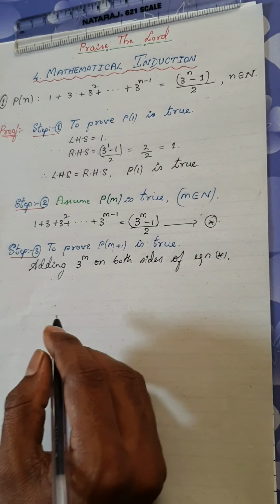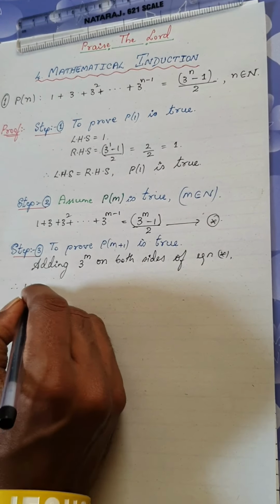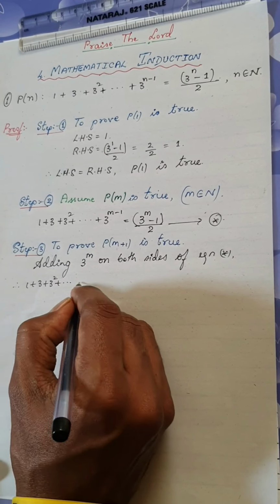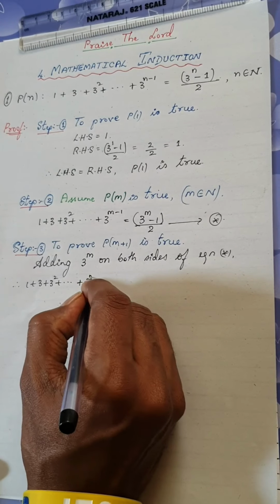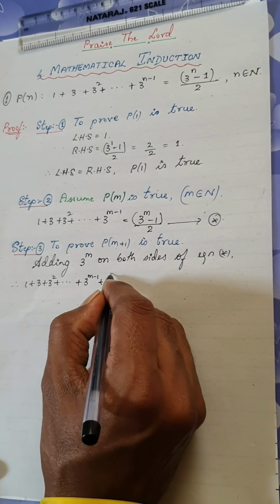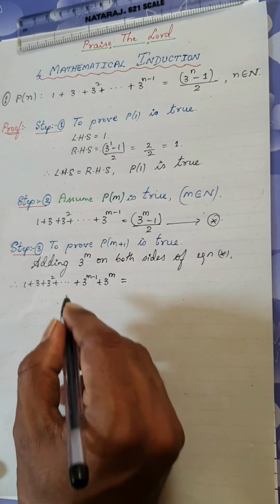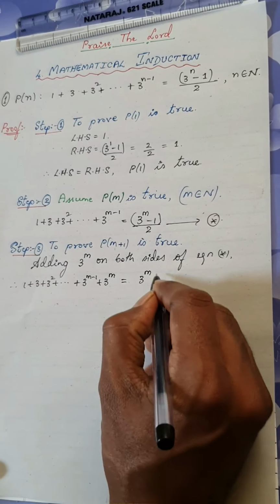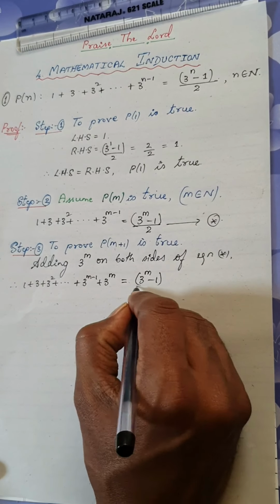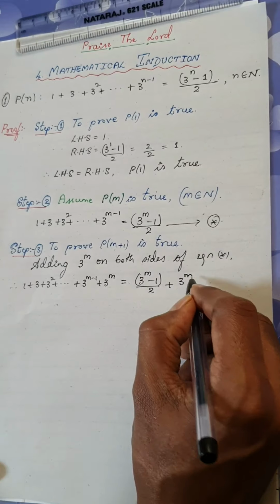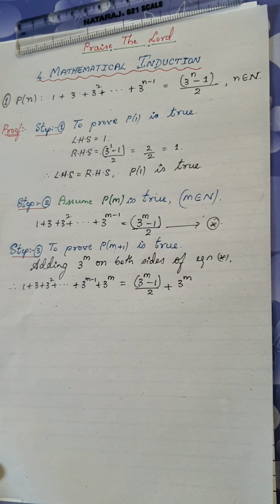So therefore, you have 1 plus 3 square, and so on. The last term you are left with is 3 power m minus 1, and to this term I am adding 3 power m. This finishes the work for LHS. That is equal to 3 power m minus 1 divided by 2 plus 3 power m. I have added on LHS, and I am adding to RHS also.